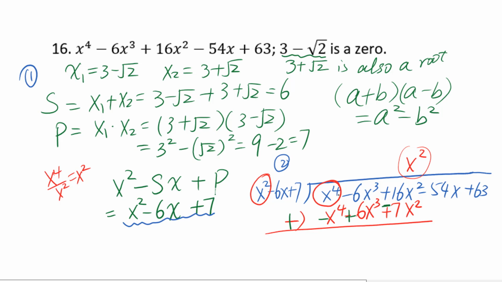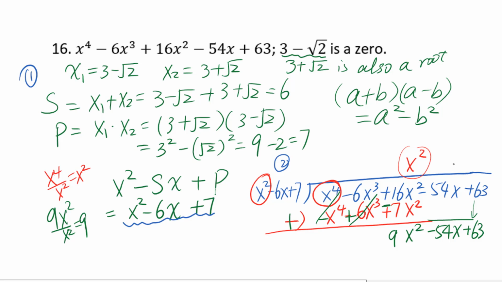So you get 0, 0, and 9x squared. Drop this down, minus 54x. We have to drop this down also, plus 63. Then 9x squared divided by x squared equals 9.